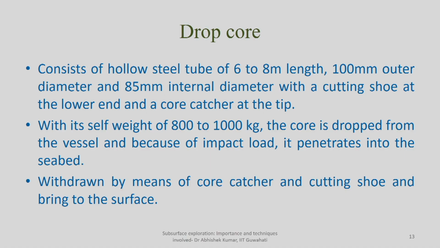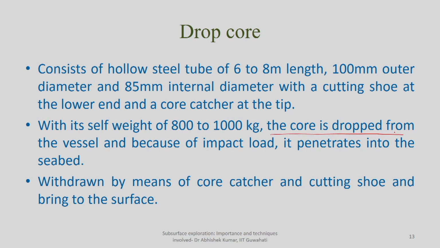So, this steel tube, which is 6 to 8 meters in length, has a weight of 800 to 1000 kg. So, self weight itself is too high. You need not provide any kind of external loading mechanism; rather, you can simply lower this tube from the vessel into the sea floor. So, it is like free fall.